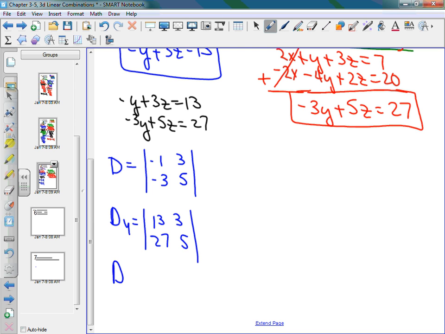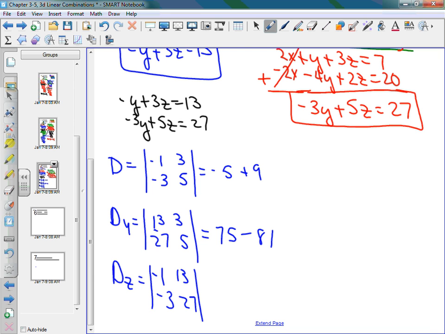I do Dz, which would be negative 1, negative 3, 13, 27. You see that? Negative 5 plus 9. And this is going to be 75 minus 81. And negative 27 minus positive 39. And then you could get all 3 points here.